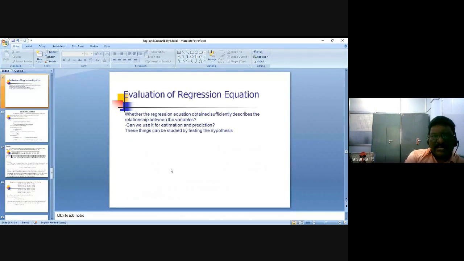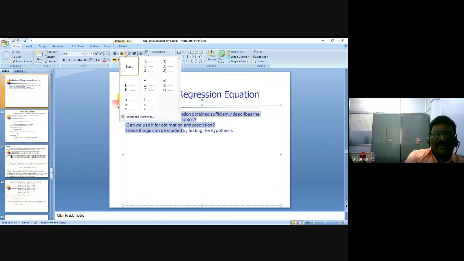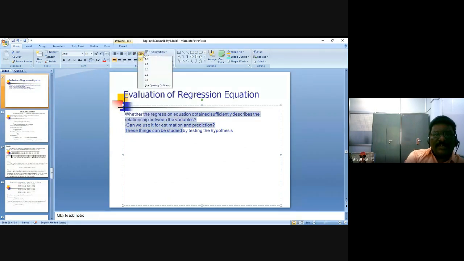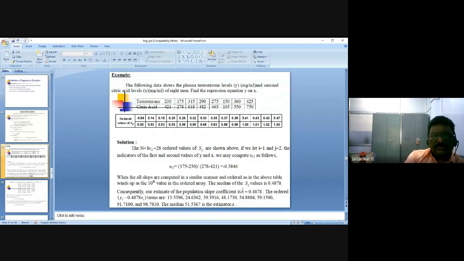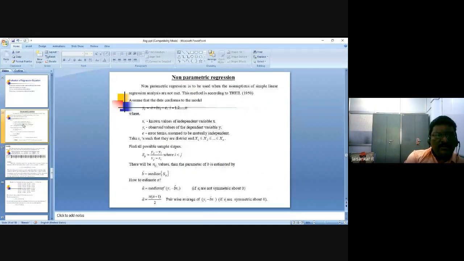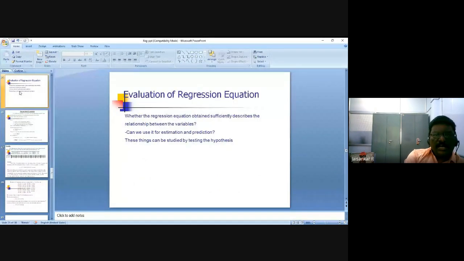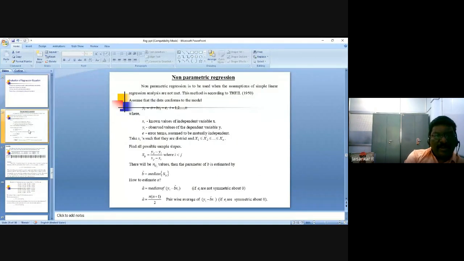And there is a test to analyze the variance. Those things which I already explained are given here. Of course, there is another thing called non-parametric regression.